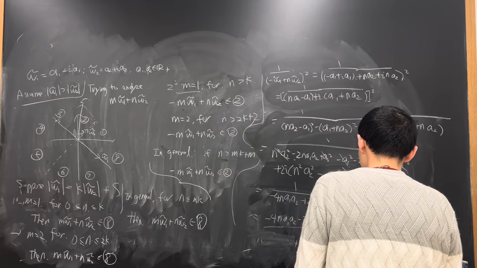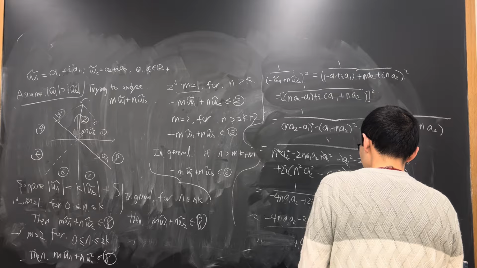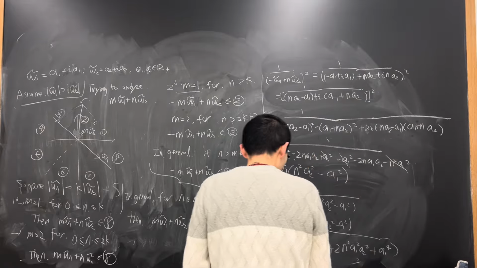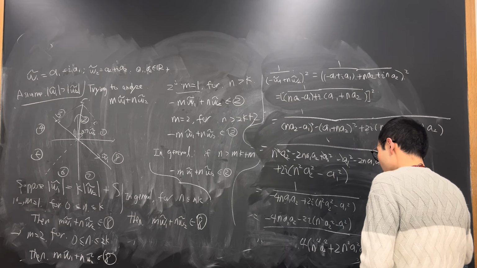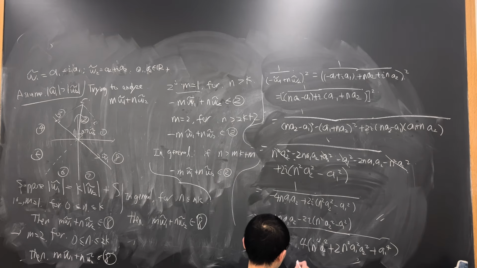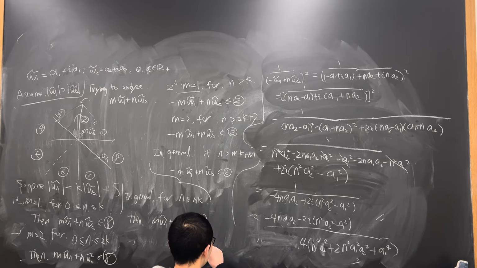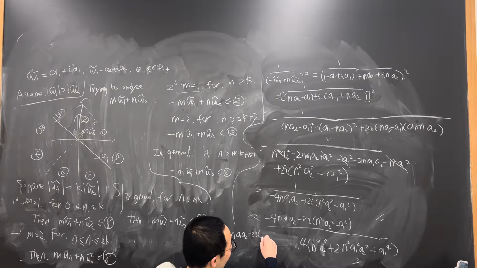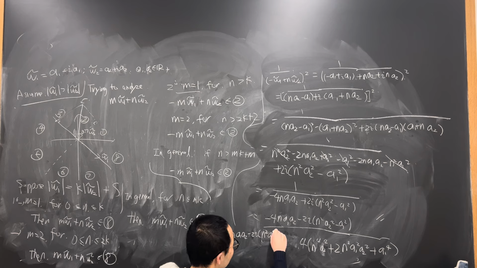So then this bottom just becomes what? The same thing at the top: A1 A2 minus 2i, and the same thing, n squared A2 squared minus A1 squared.